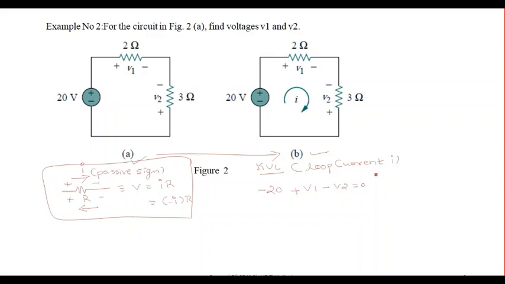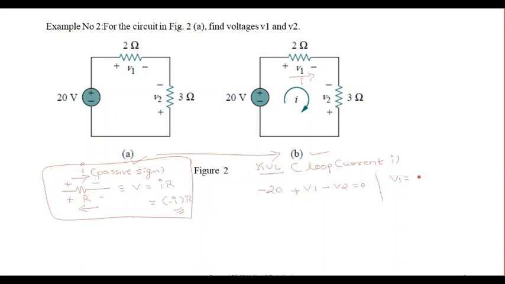But V1 and V2 are unknowns, right? So how to define V1 and V2? From Ohm's law, as I told, you can find V1. Here our assumed current direction and polarity match the passive sign convention. So the same current I flows here from higher potential to lower potential.